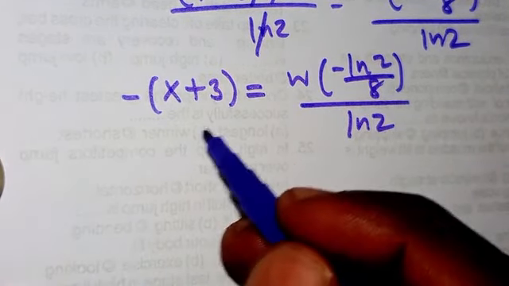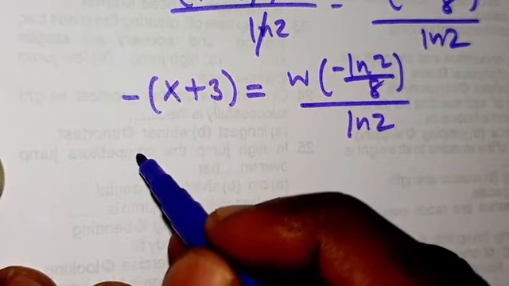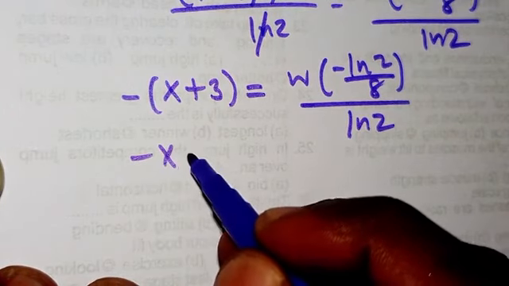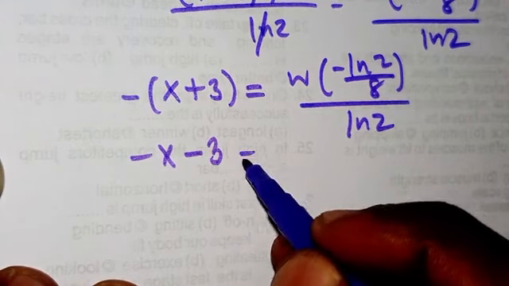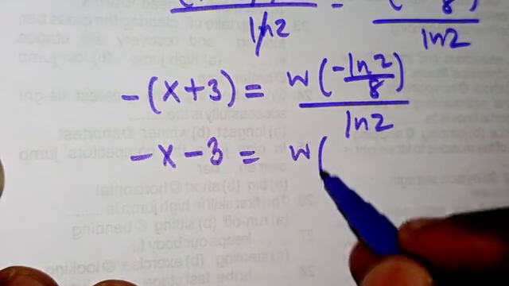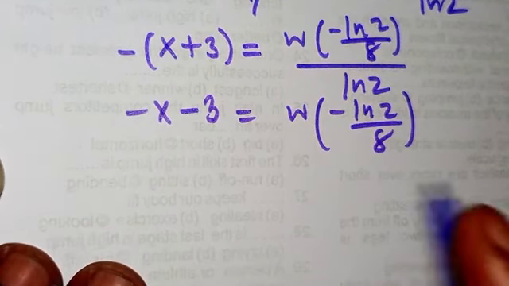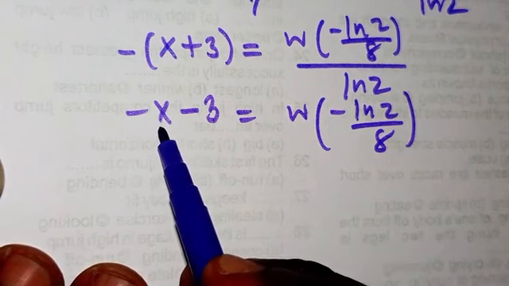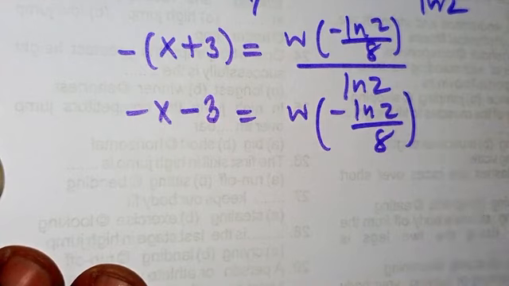Okay, so here if I open the bracket, I'm going to have minus x, then minus 3 equals W of minus ln of 2 over 8. So I'm taking this x to the other side.